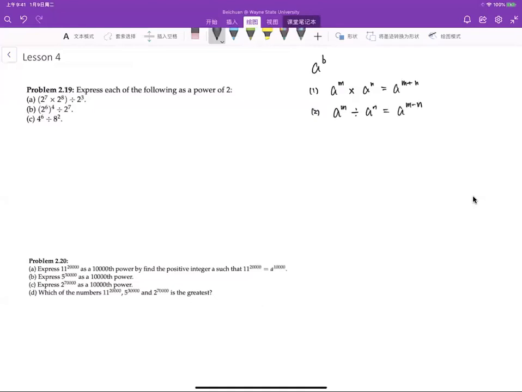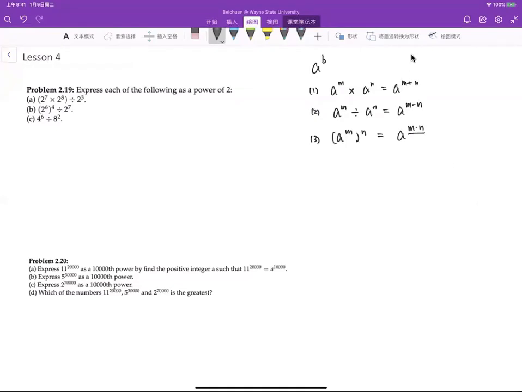Right? So if this is a division, then that's equivalent to subtracting the exponents. So the third property says a to the m to the n, right? So basically, that means you take the exponents twice, right? And then that's equal to a to the m times n, right? So in this case, we just multiply the two exponents together.